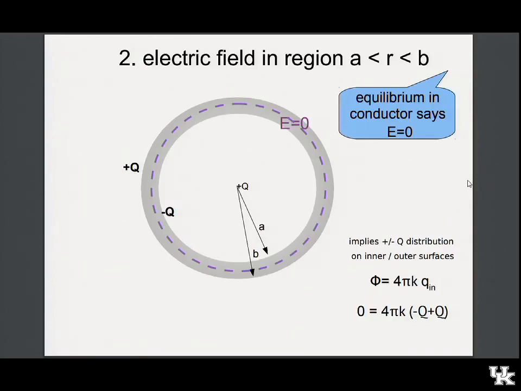What the electrons did inside the conductor is they moved around to accomplish that. Electrons collected on the inner surface here. So this is negatively charged. And if this is negatively charged, there must be an equal quantity but opposite sign of positive charge on the outside. So there's positive charge smeared over the outside.